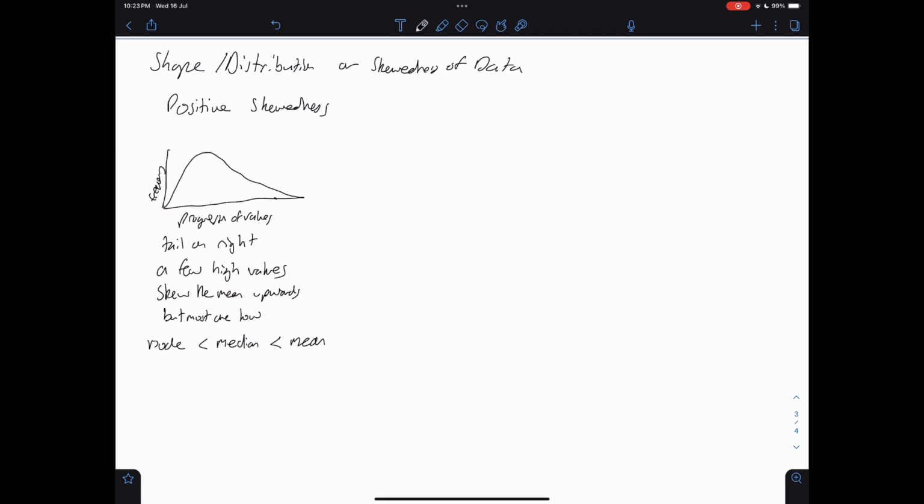On the other hand, you can have negative skewedness. Do the same thing, it's going to have the opposite. It's going to have the tail on the left.